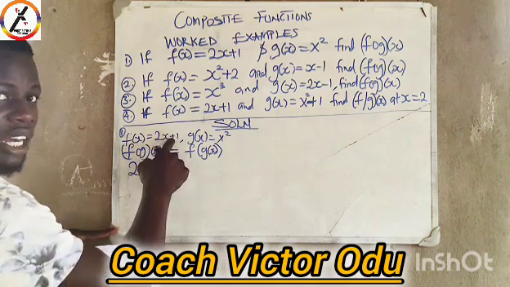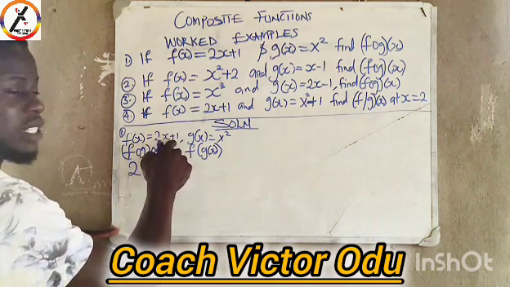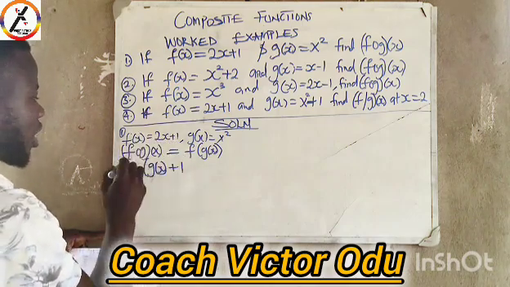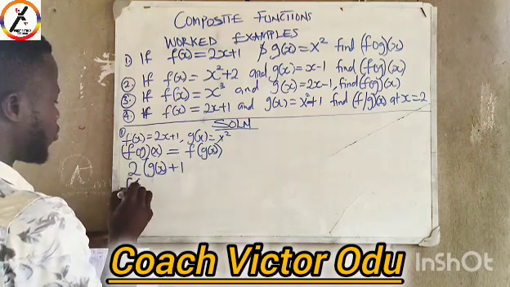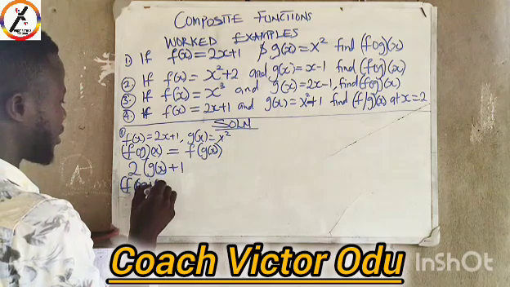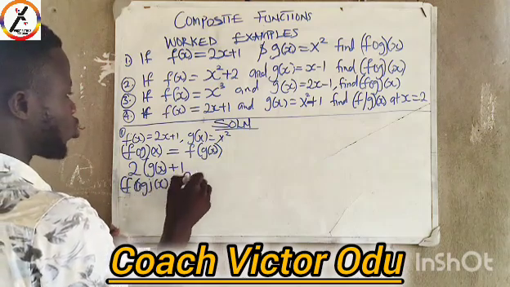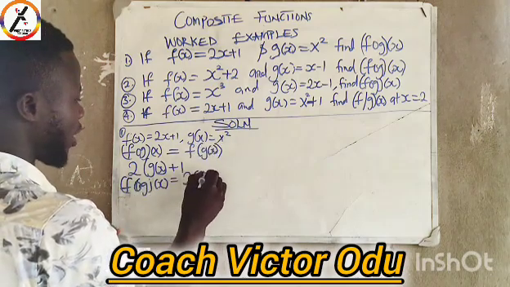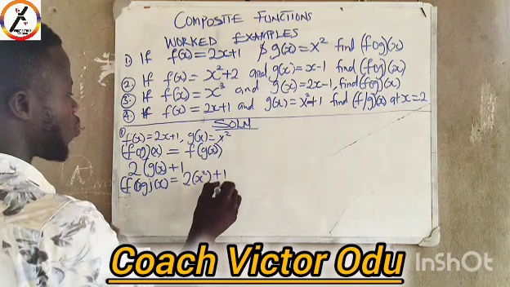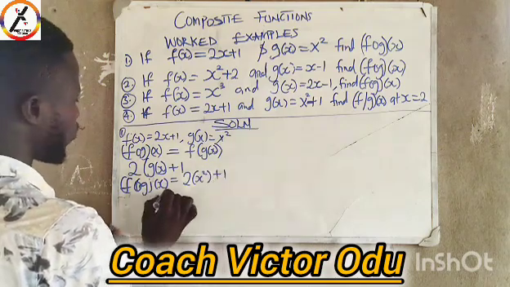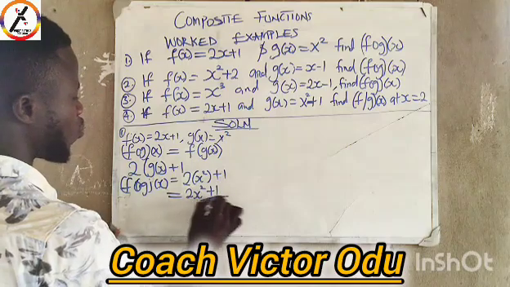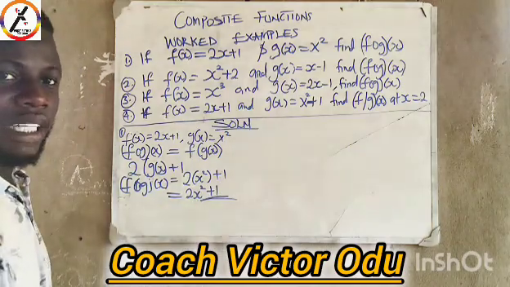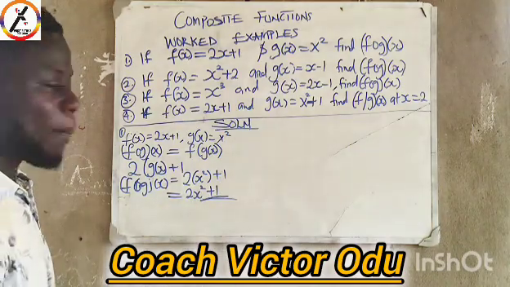Here the 1 is a constant, and it's not a function of x. It's not related to x. So take note of that. So f of g of x will now be equal to 2 times x squared, plus 1. And now this will give us 2x squared plus 1. That's it. Very, very simple, very plain.